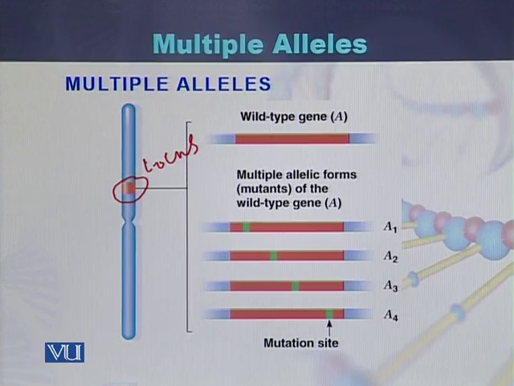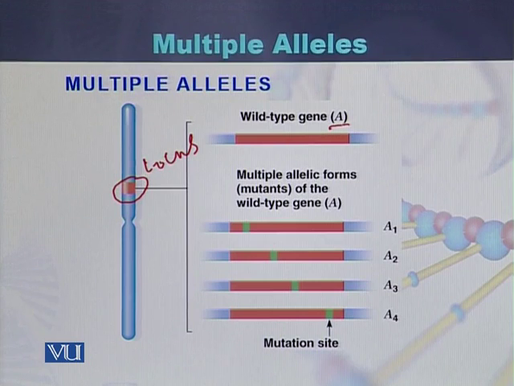This gene has multiple alleles. Allele A can be considered the wild type allele. But in addition to the wild type allele, there are many other allelic forms of this gene. Those are called multiple allelic forms of the gene.